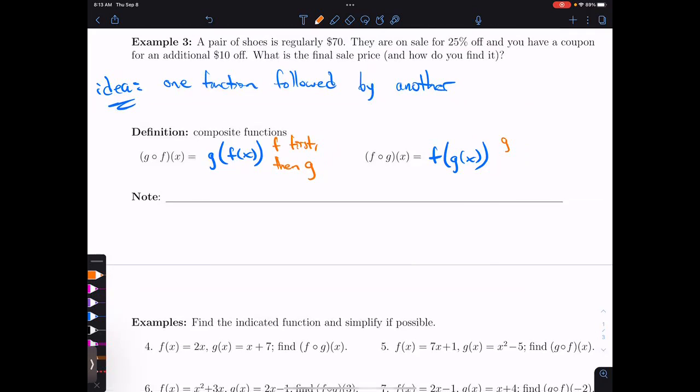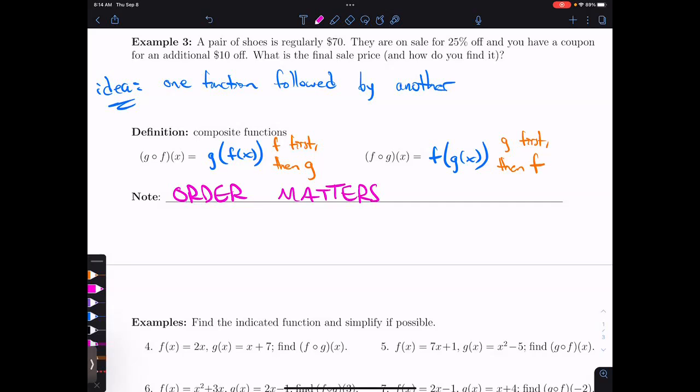G first, then F. And again, just like the example we just looked at, order matters, right? There is almost always a difference in those two things. We'll talk more about when there might not be, a special case where they're the same, but generally speaking, we want to be really careful about the order because it is important.